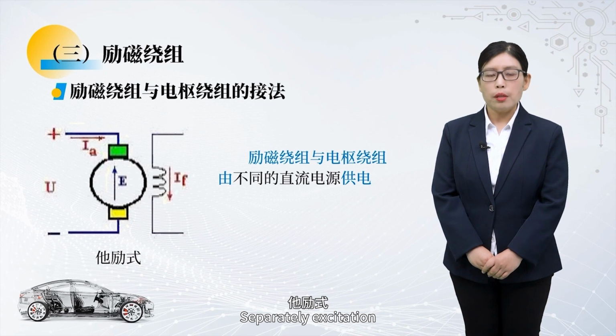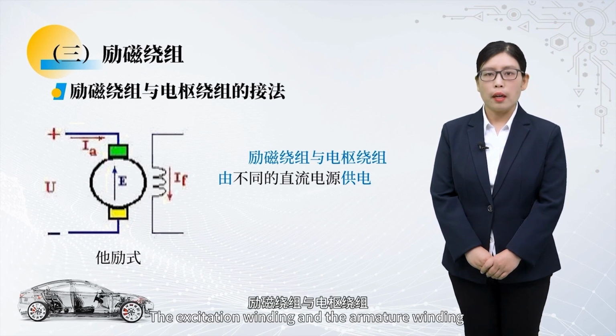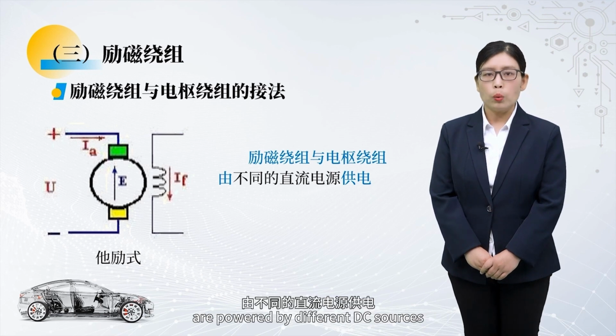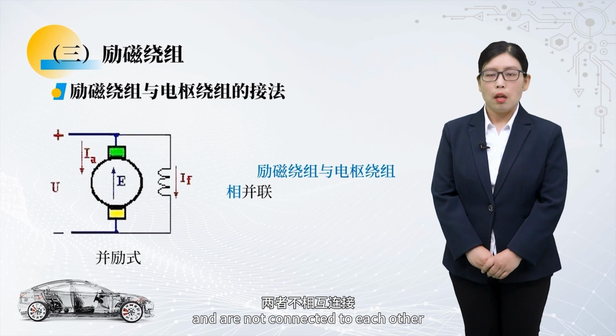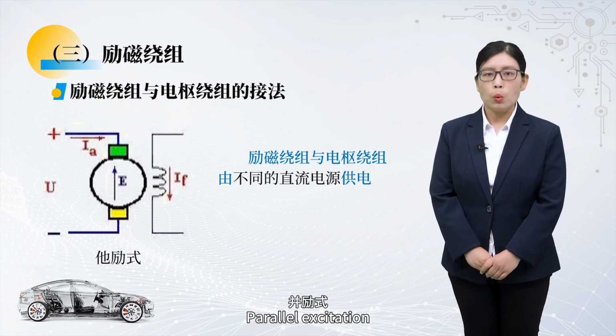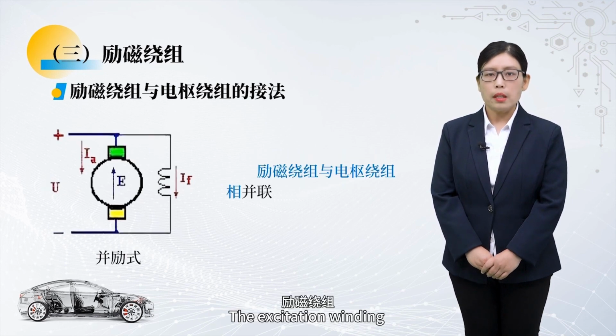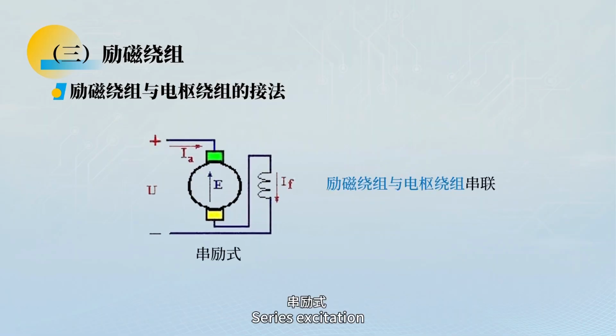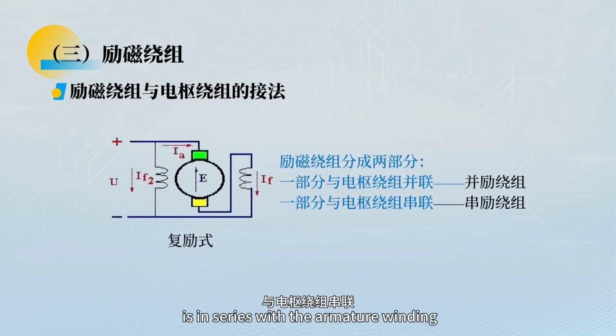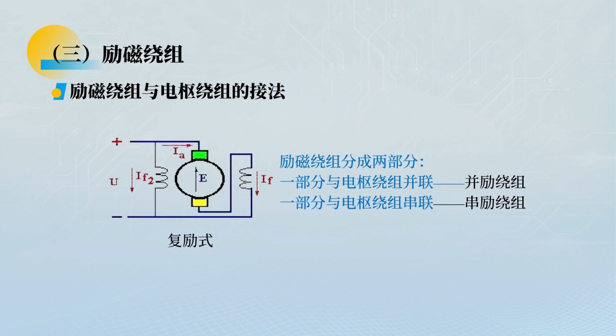Separate excitation. The excitation winding and the armature winding are powered by different DC sources and are not connected to each other. Parallel excitation. The excitation winding is connected in parallel with the armature winding. Series excitation. The excitation winding is in series with the armature winding.